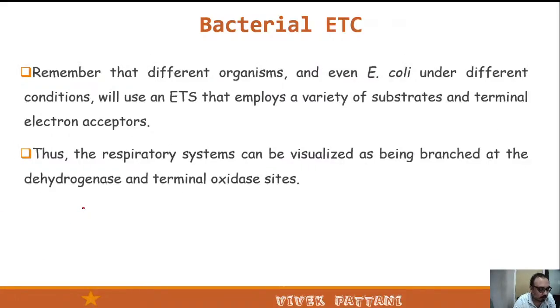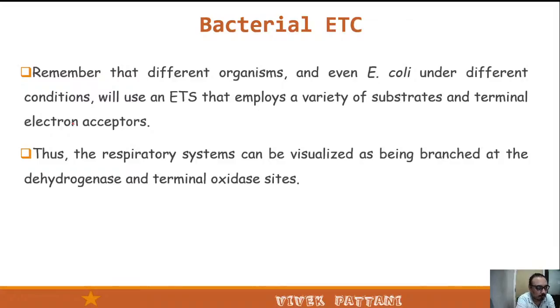Remember, different organisms, and even E. coli under different conditions, will use electron transport systems that employ a variety of substrates and terminal electron acceptors, and thus the respiratory systems can be visualized as being branched at the dehydrogenase and terminal oxidase sites. So why is there a variety?